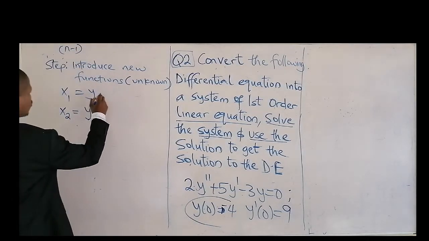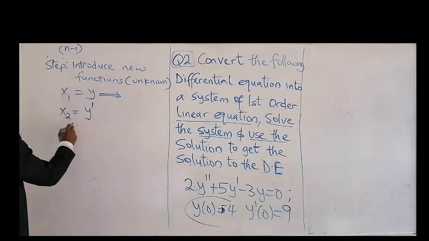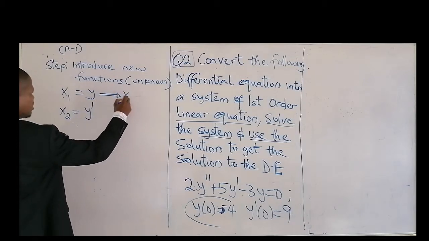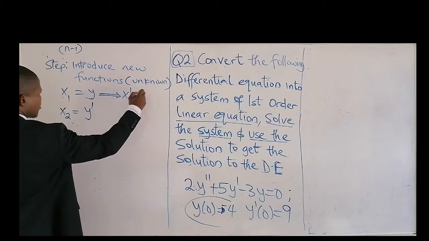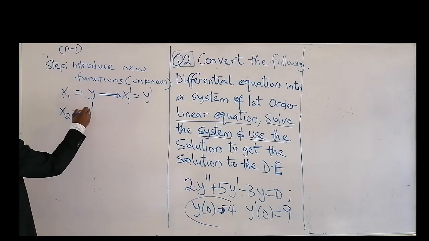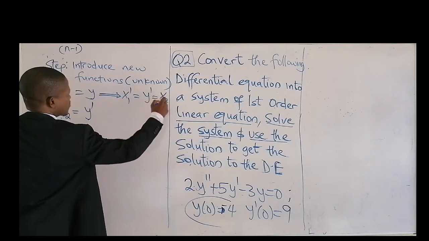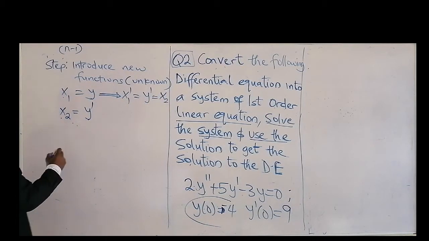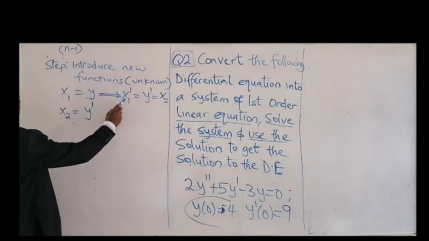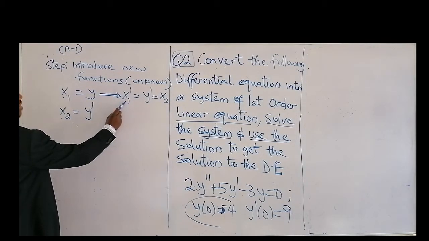Okay, then the next thing to do is to differentiate this equation and this equation. So x1 prime will be equal to what? y prime. And don't forget, y prime is equal to x2. Okay, so we've turned this towards first order linear equation.